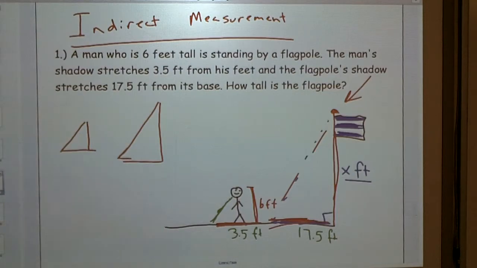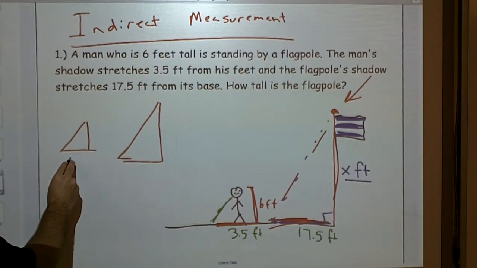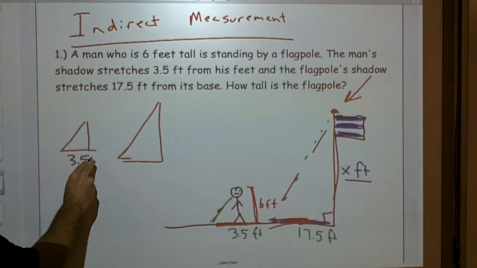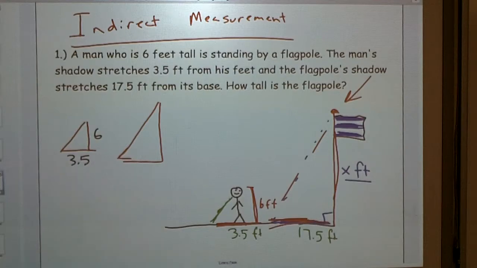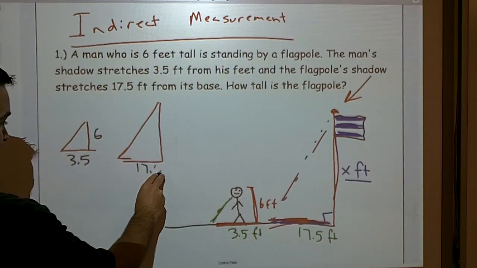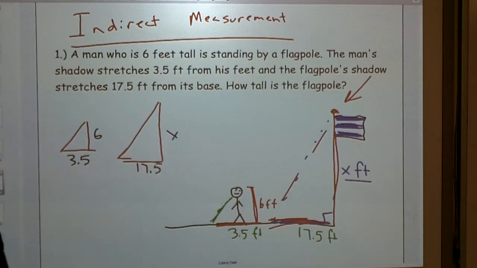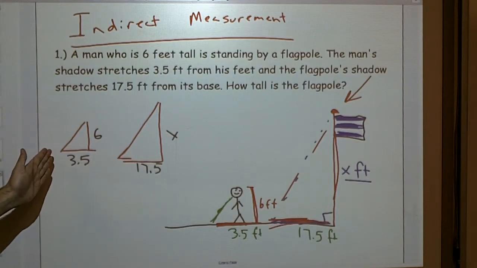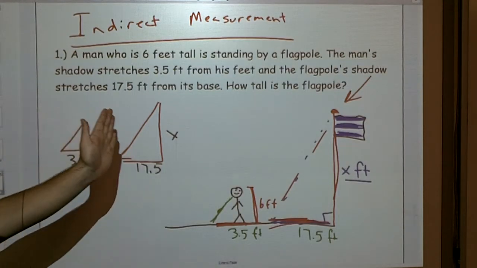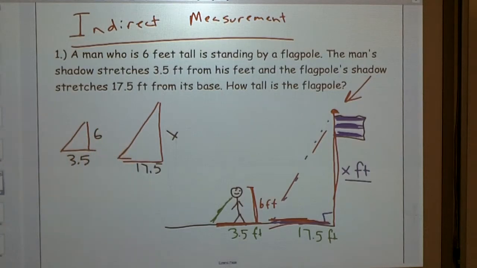Now we can just plug in some values that we know. The shadow of the man is 3.5, and he is 6 feet tall. The shadow of the flagpole is 17.5, and we're looking for the height of our flagpole. Again, we're going to compare the smaller to the bigger based on what we know, and set that equal to the smaller over the bigger, which is what we're trying to find out.